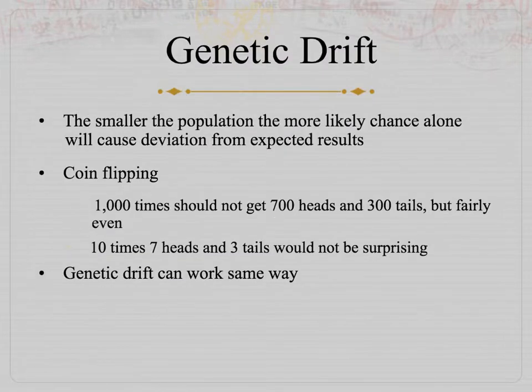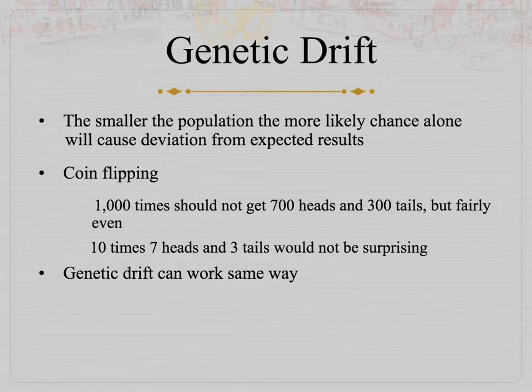Genetic drift is another thing that can cause evolution. The smaller the population, the more likely the chance that a deviation will occur from what we're expecting. So, for instance, if you flip a coin 10 times, and you got 7 heads and 3 tails, you'd probably just shrug your shoulders and say, oh well, and then maybe try again.